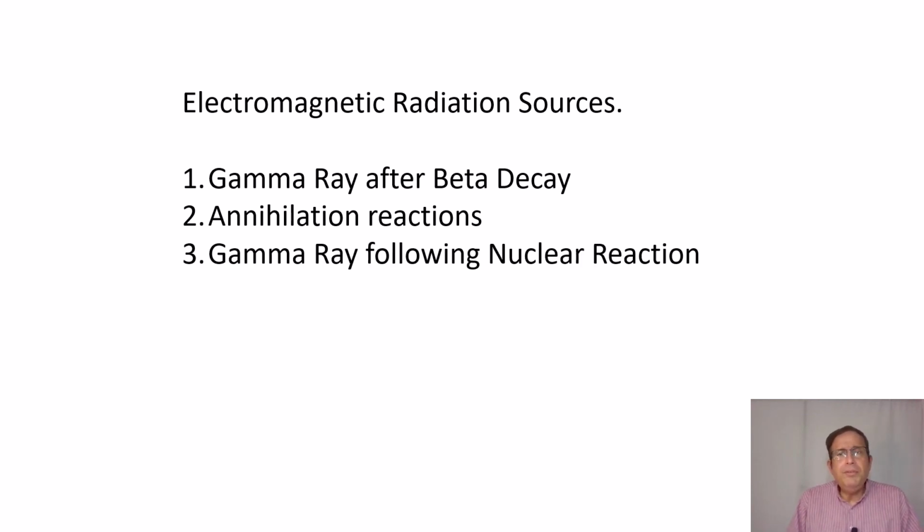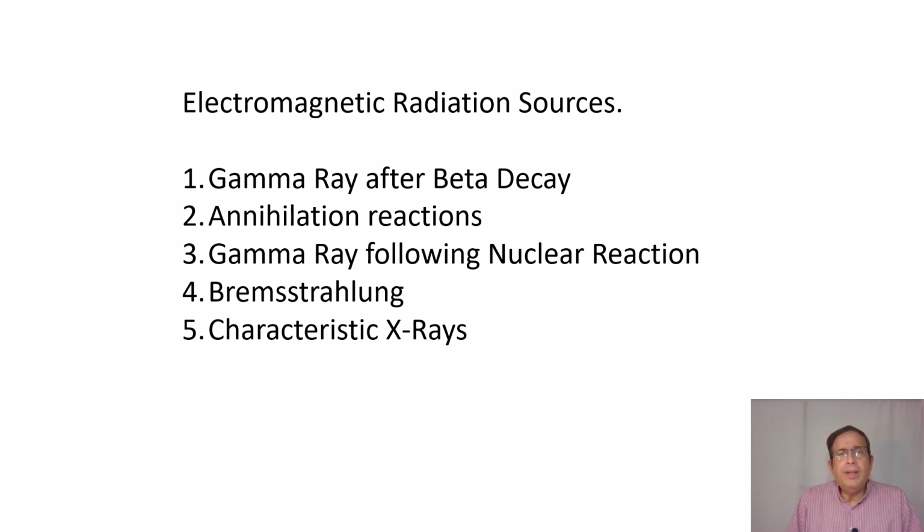Then in any kind of nuclear reaction like neutron bombardment or fission reaction, gamma rays can be produced as an aftermath of that nuclear reaction. Then there is a process called Bremsstrahlung, in which a charged ion decelerates inside a medium, and in that process it produces gamma rays.